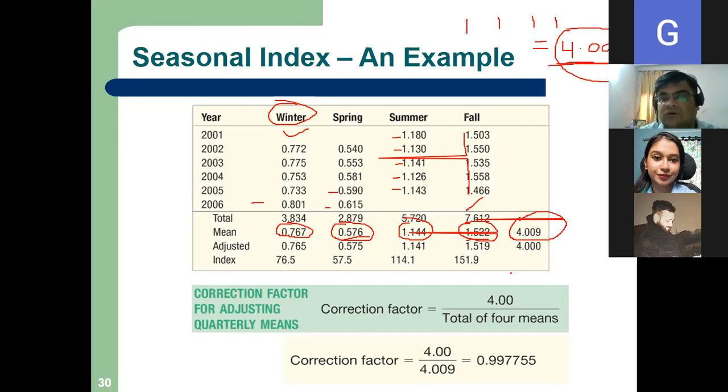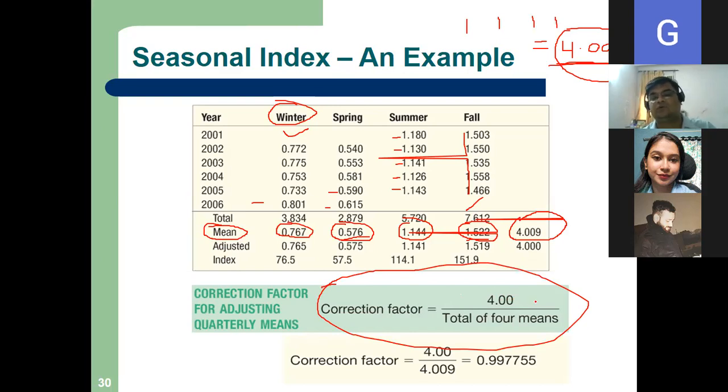4.009. So we need to multiply all these mean indexes by some correction factor, which gives the adjusted seasonal index. This will be our final index. So how to generate the correction factor? This is the formula, please see. The ideal 4.000 divided by the total of 4 means that we got, 4.009.